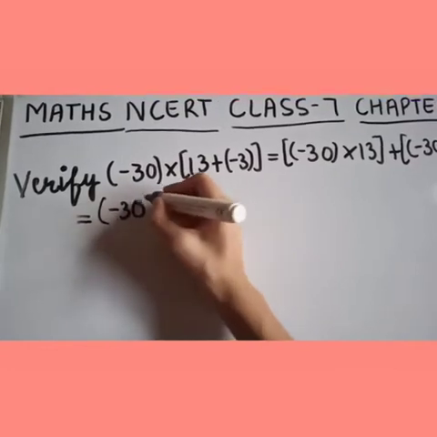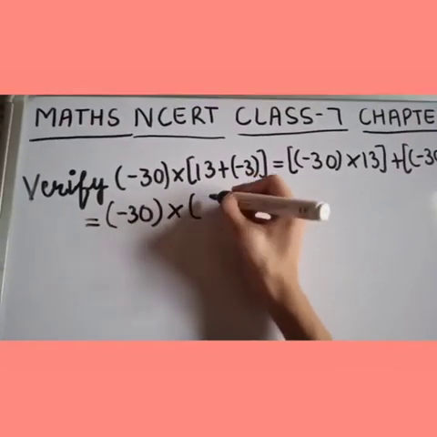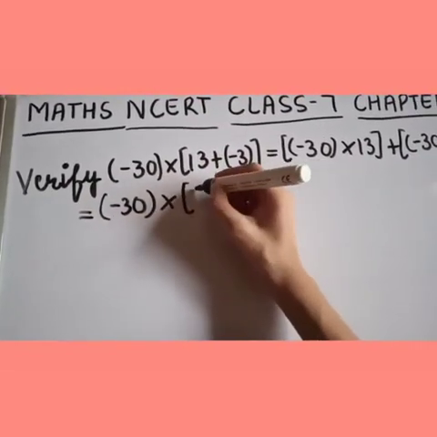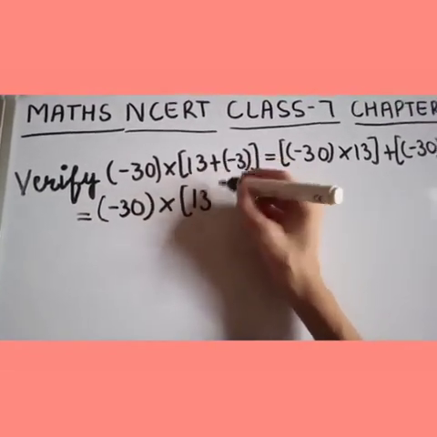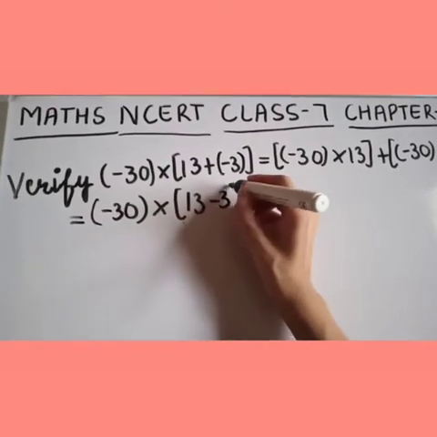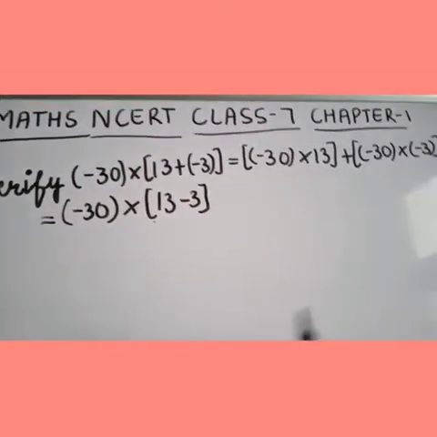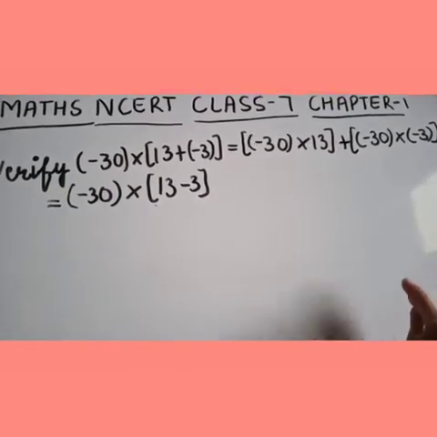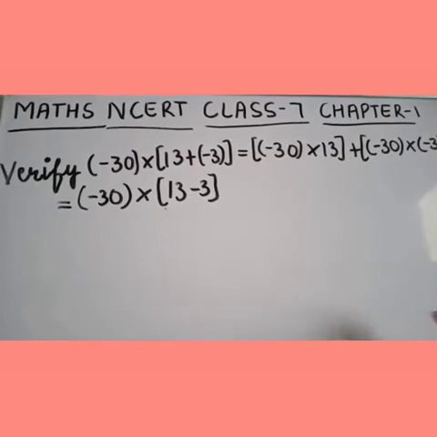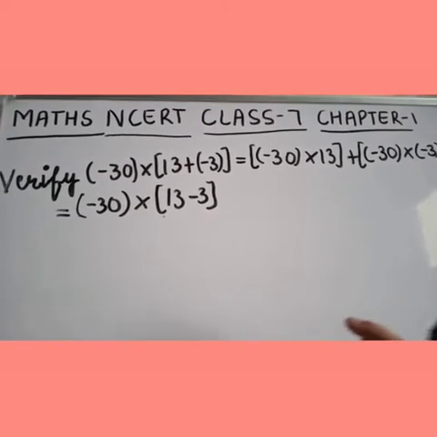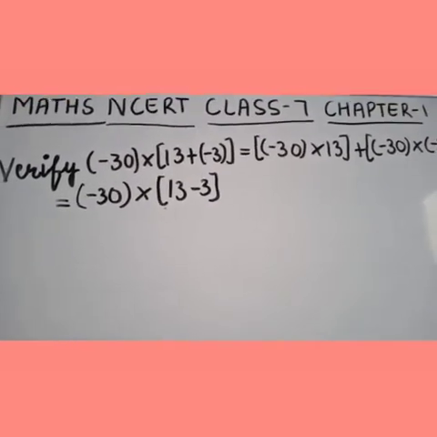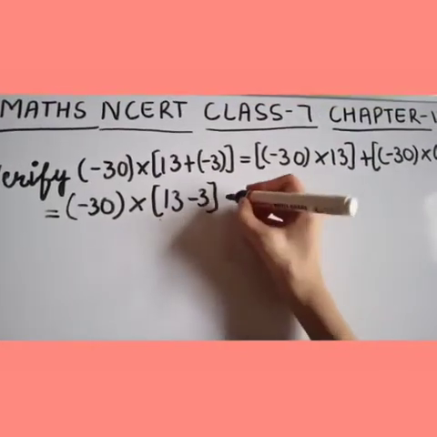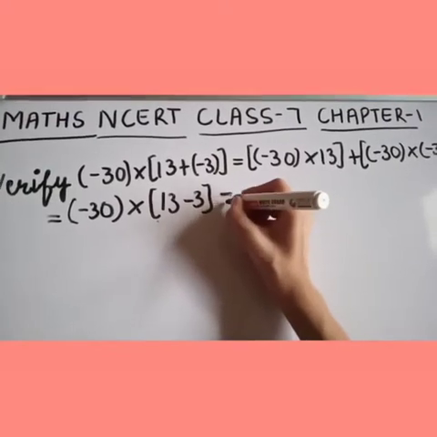Minus 30 into 13, plus minus is minus. You have to learn these: minus minus is plus, plus minus is minus, minus plus is also minus, then plus plus is equal to plus.